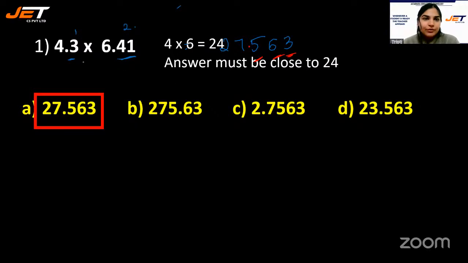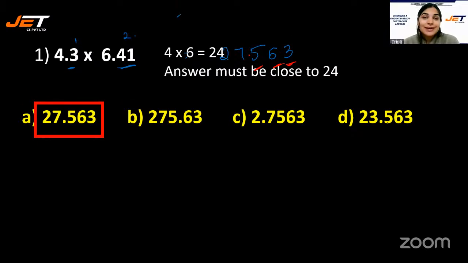It's close to 24, right? Because 4 times 6 is 24. So 27.563. You must be thinking that 23.563 is also close to 24. But my dear children, close is fine to check, but 23563 is not what we get by multiplying normally.